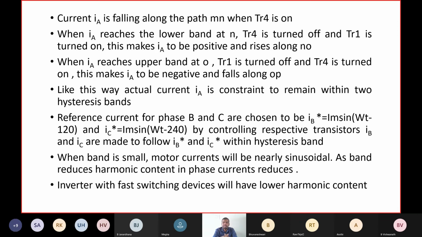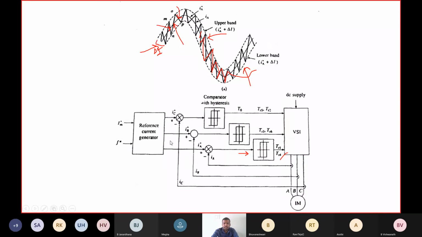If you place fast switching devices along with the inverter, then you can witness lower harmonic contents. Okay, so this is the concept of current regulated voltage sources.